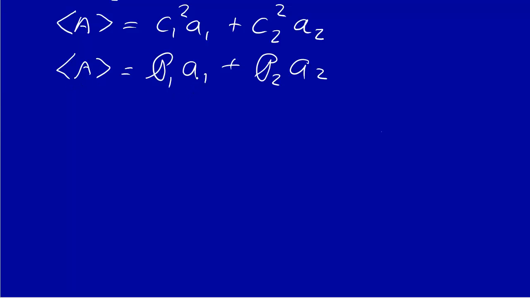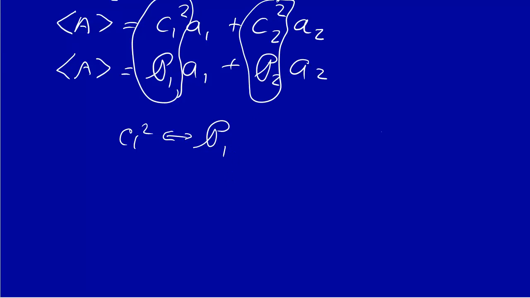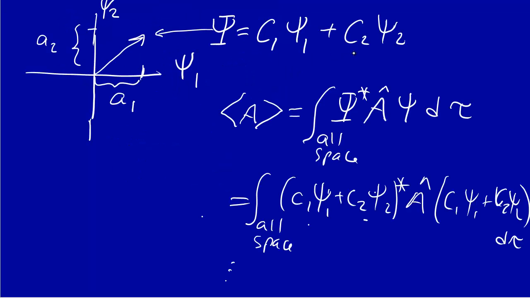If we do the comparison here, it looks like C1 squared will be associated with the probability of measuring the first eigenvalue, and C2 squared will be associated with the probability of measuring the second eigenvalue. So these coefficients in the expansion are just related to the probability of measuring these eigenvalues.